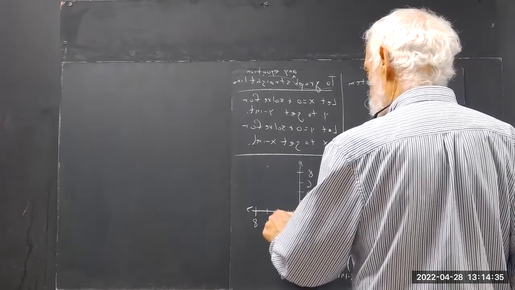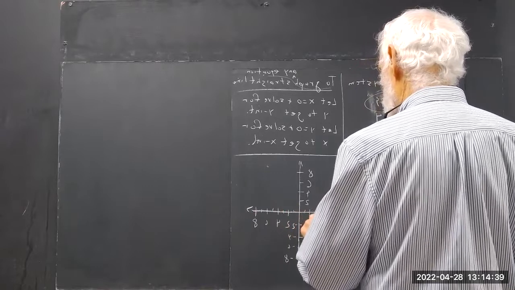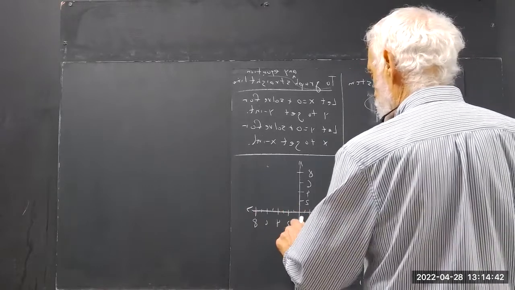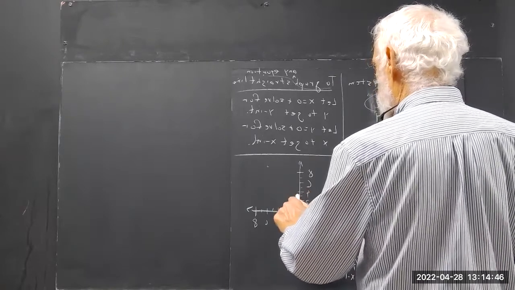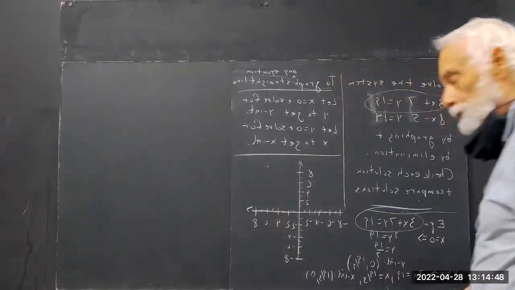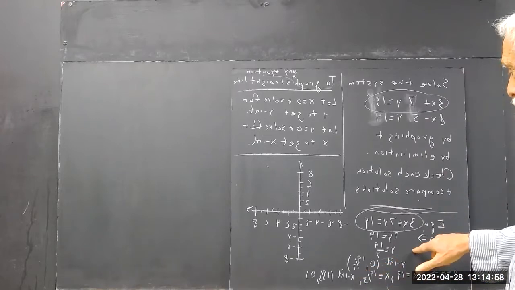Then we can take off our 1. And now we've got a graph with a reasonably consistent scale that we can probably use to get a decent approximation of our solution. So we plot the intercepts here.